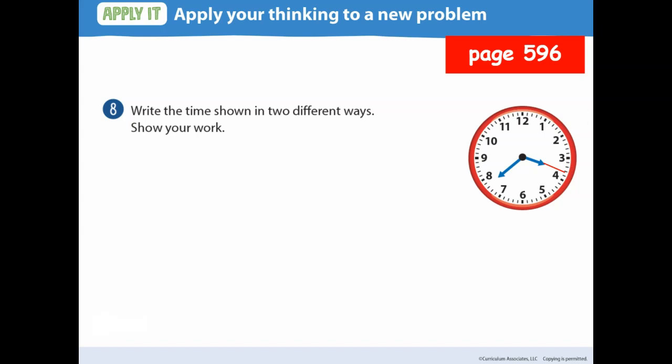What would be the hour? 3. And then if you look at the minute hand, it's right there. It's 1 before 8, right? If 8 is 40, and it's 1 below that, how many minutes would that be? 39. Perfect.